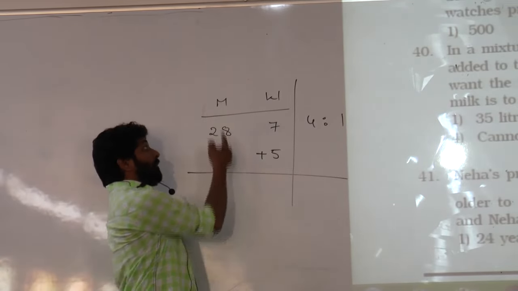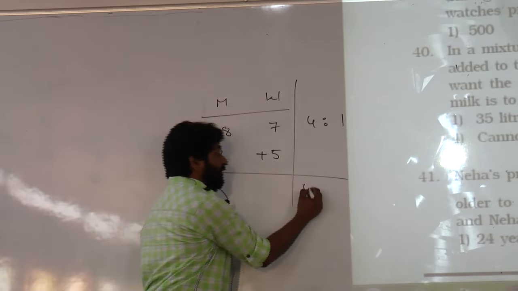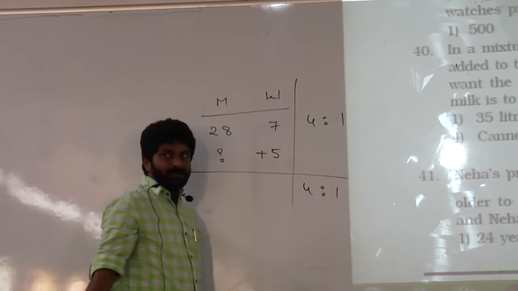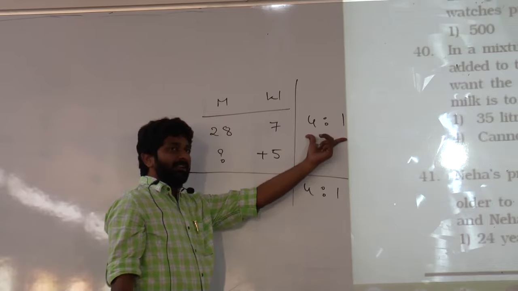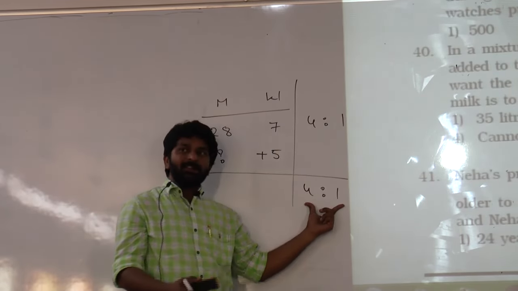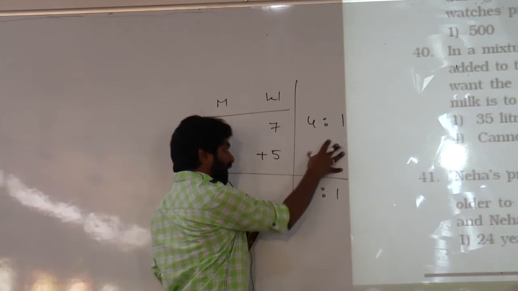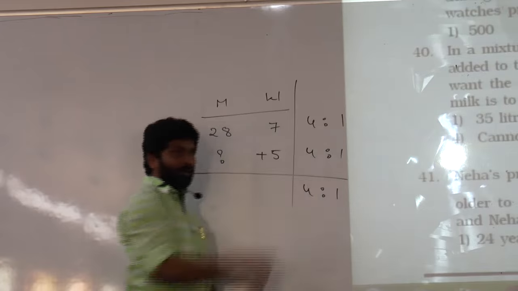But how much milk is to be added to this container so that you will get the 4:1 ratio again? In the initial container, we have milk to water in the ratio of 4:1, and in the final container also we are expecting a 4:1 ratio. So whatever we are adding now should also be in the ratio 4:1.